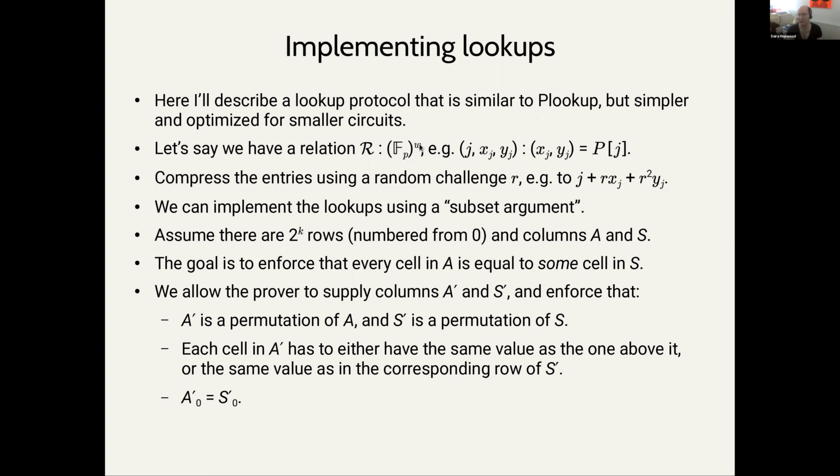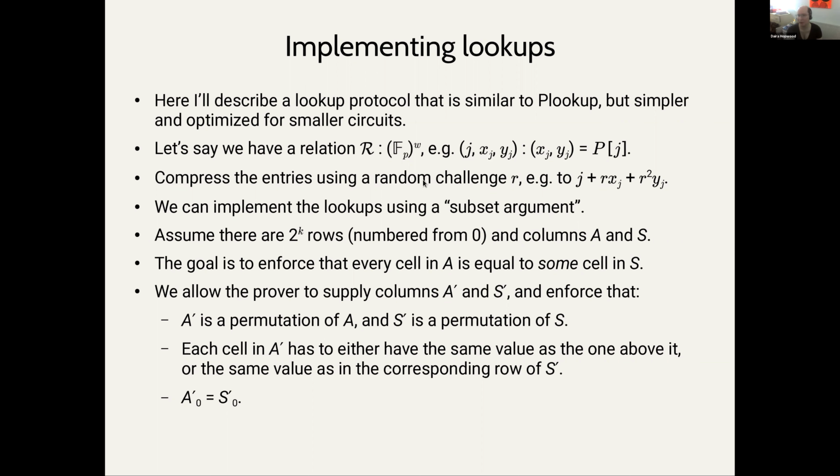Okay, so this is our relation that we want to look up, and it's often convenient to look up several field elements at once. So we're looking up W field elements here. To do our lookup, we form a relation on J with the X coordinate of the point and the Y coordinate of the point, such that this is our lookup.